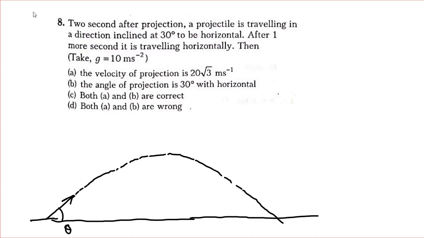So after 2 seconds after projection, let's assume that the projectile is at this point. Let's assume this is the point P1, which is the direction inclined at 30 degrees to the horizontal, जो horizontal से 30 डिग्री एंगल में inclined है.